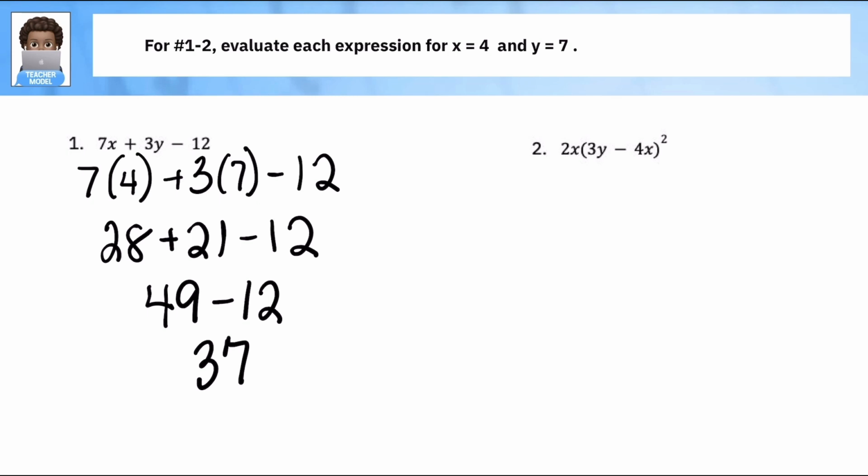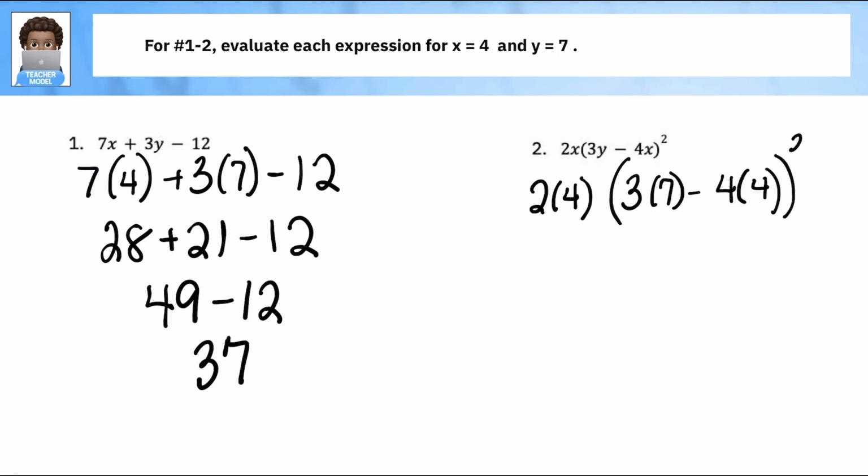With the second one, again, I have multiple terms, so I do want to substitute. So 2 times 4, and all this will be 3 times 7 minus 4 times 4 squared. All right, so this one looks a little bit more complicated, but we're going to take it one step at a time. Let's start with what's in the parentheses and simplify that out first.